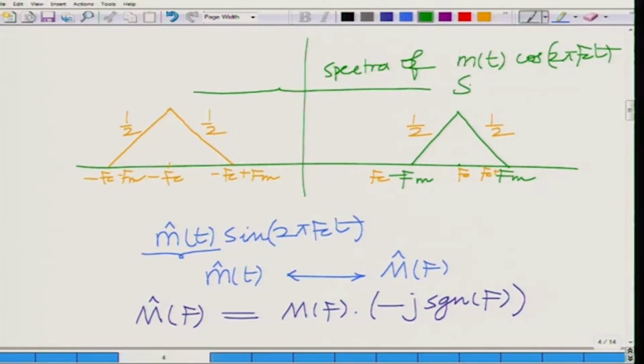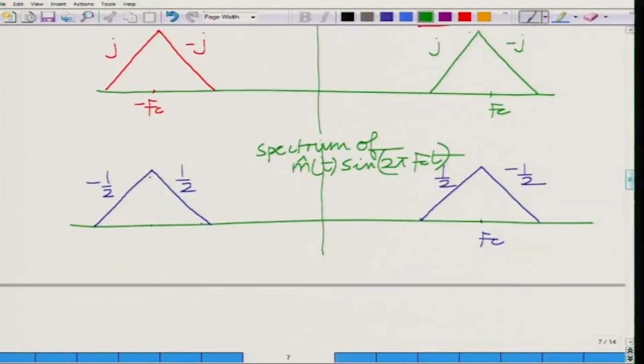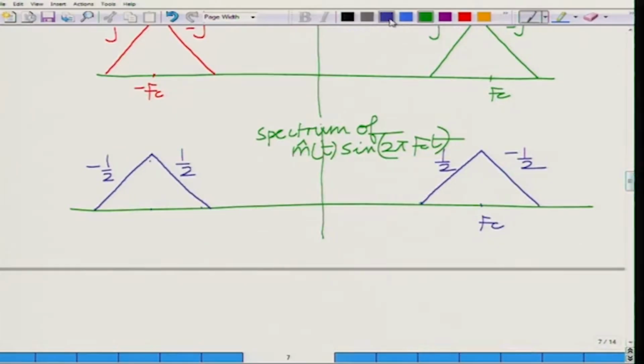Let us call this spectra 1. This is the spectrum of m hat t sin 2 pi f c t. Let us call this spectra 2, or the second spectrum.